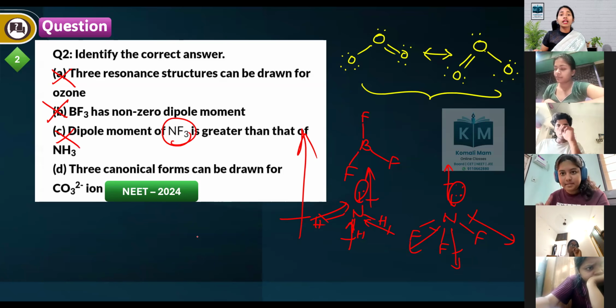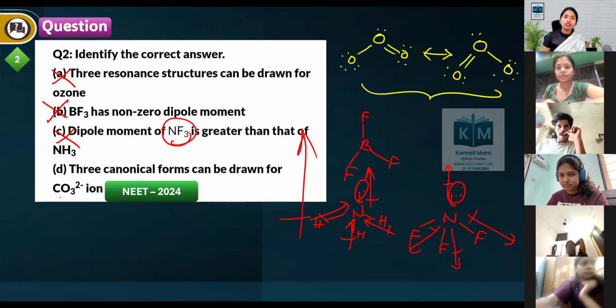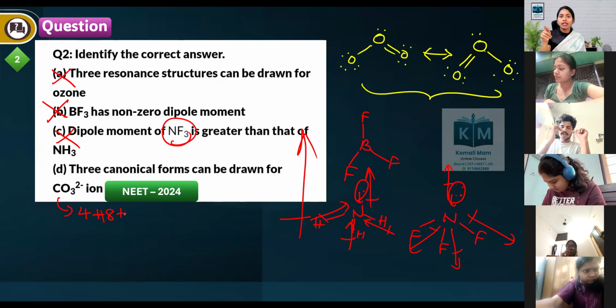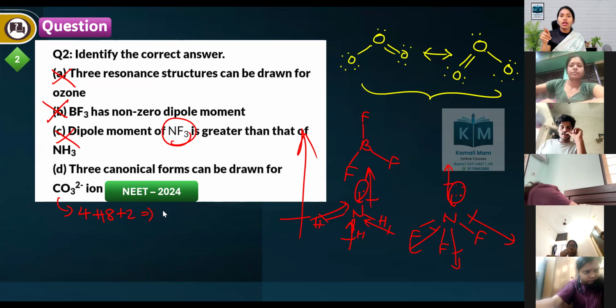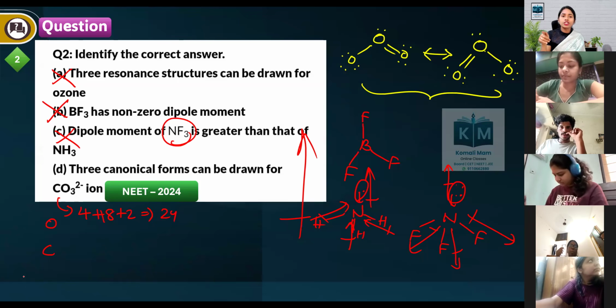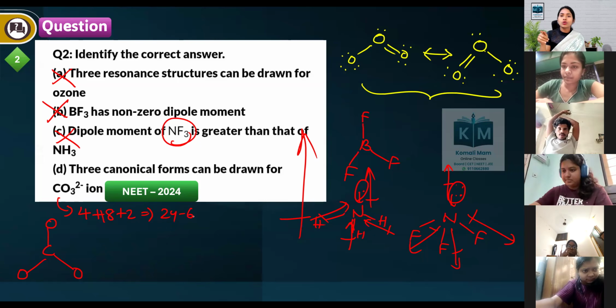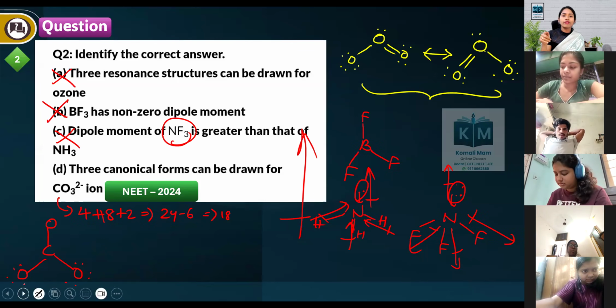Next one. 3 canonical forms can be drawn for CO3 2 minus. What are those 3? Carbon has 4 electrons in the valence shell, plus oxygen has 6, 3 times 6 is 18, plus 2. Total electrons are 24. Carbon, oxygen, oxygen, oxygen. 3 bonds, 6 electrons I already placed, so 18 is left. I am going to put this 18 on the 3 oxygens: 1, 2, 3, 4, 5, 6.